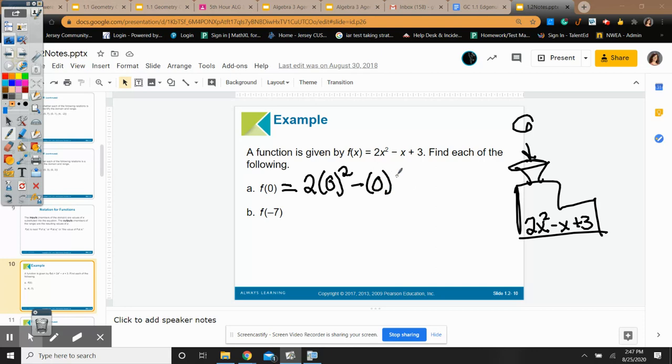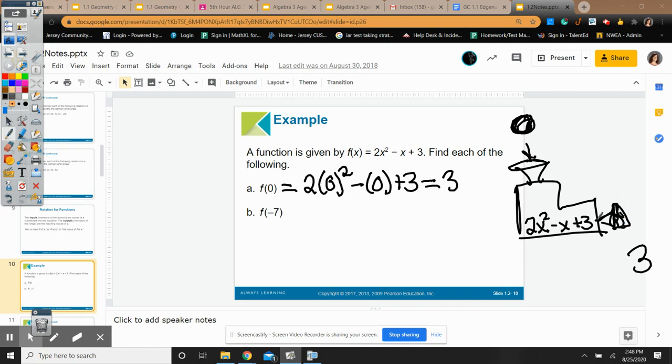The parentheses will be very important, especially in a problem I'm going to do in a minute, which is very commonly missed in Algebra 2 and Algebra 3. So 2 times 0 is 0, minus 0 plus 3. If you plug 0 into this machine, and this is function f, it's going to shoot out the value 3.